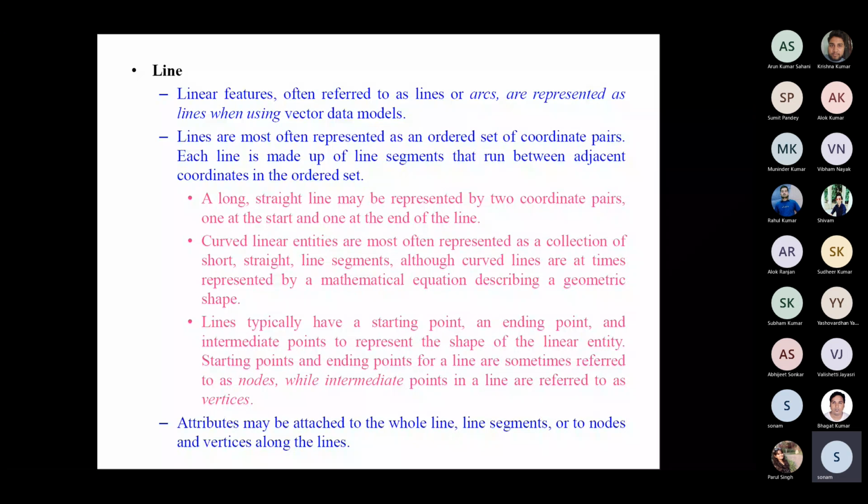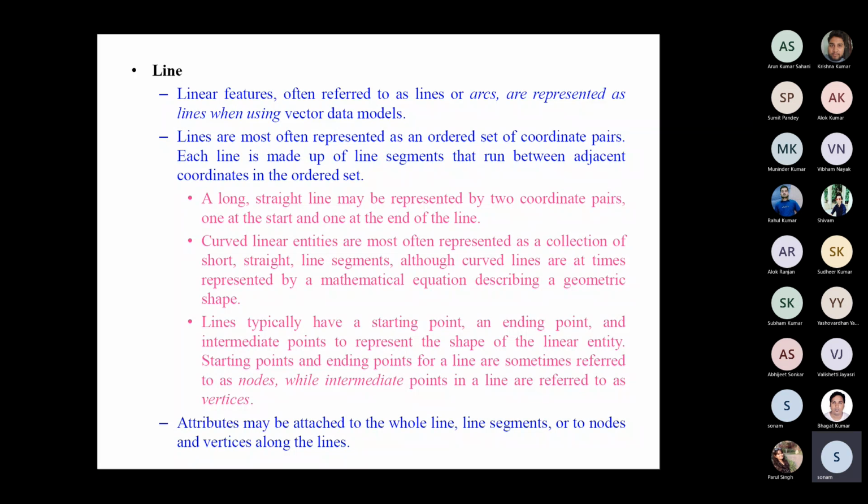In older literature, instead of line, they use the term arc and edges and other things. But nowadays, we do not use arc, edges, polyline. We simply use the term line. So if you find edge, arc, polyline anywhere, everything is line. So don't get confused if you are reading books.